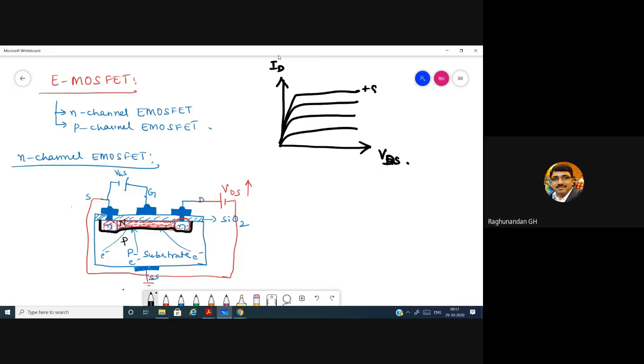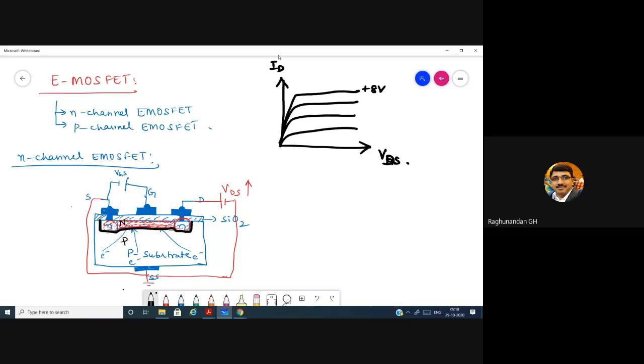But one difference can you observe between our D MOSFET and E MOSFET drain characteristics? Breakdown is not there. Breakdown was not there also. That difference is voltage values, sir.